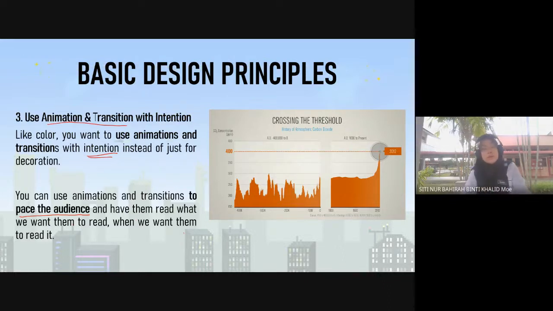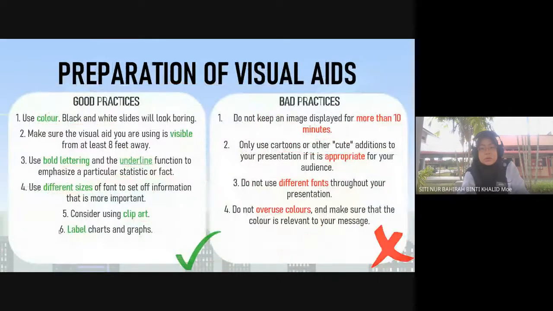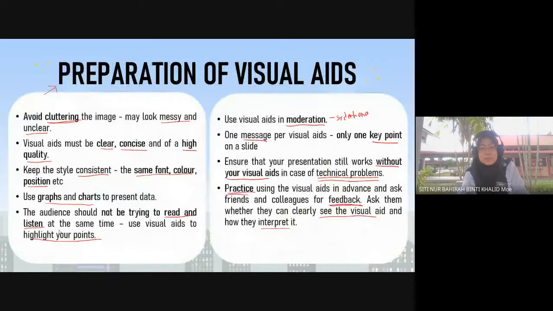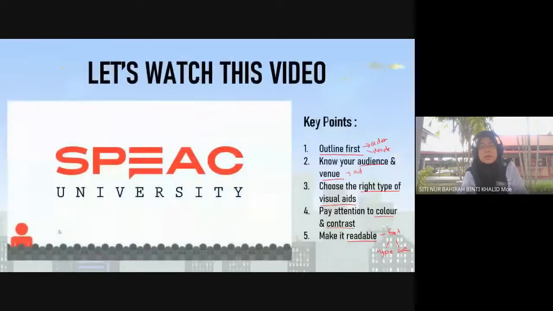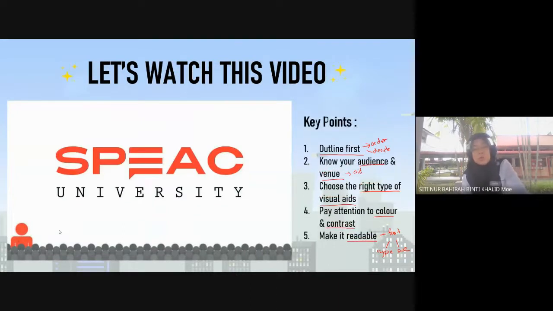So for example, in this animation here, or maybe let's look back at this. Let me show you this one. Okay. So when I show you this video, I played this video, and only then I show you the key points.